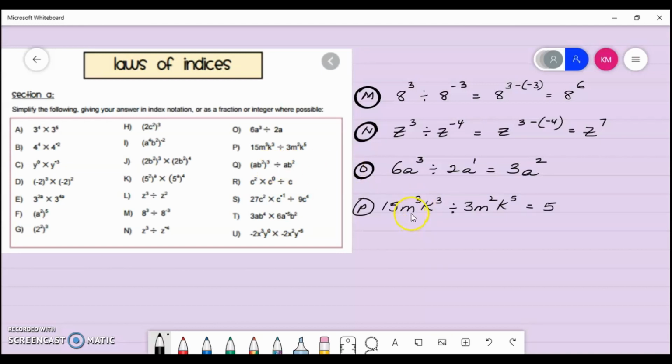And then m to the power 3 divided by m to the power 2, I simply take away my powers. 3 take away 2 is going to give me 1. And k to the power 3 divided by k to the power 5, that is going to be 3 take away 5, which is negative 2. So it's going to be k to the power negative 2.